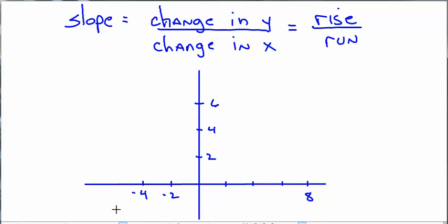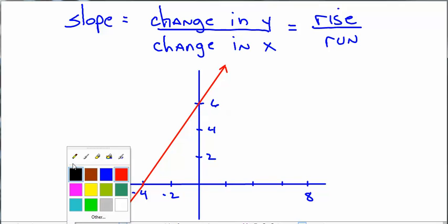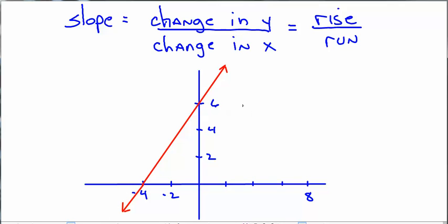And let's take a line and try to get it through like there. You have to find the slope of that line. The easiest way to do it when you're sitting on a graph is to just count your rise and put it over your run. So rise is your vertical change.